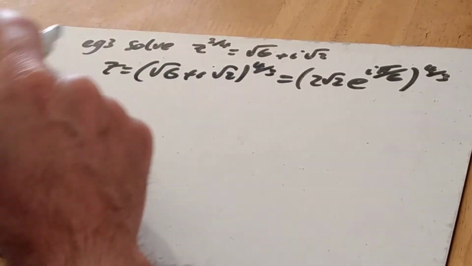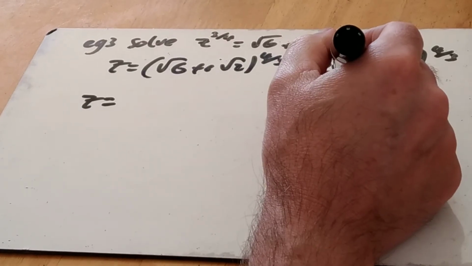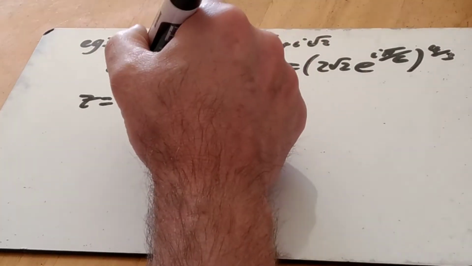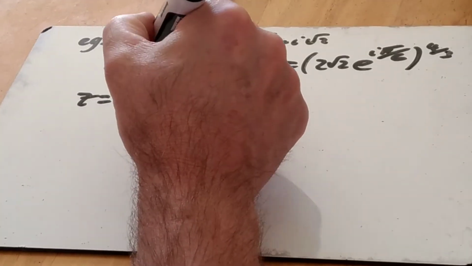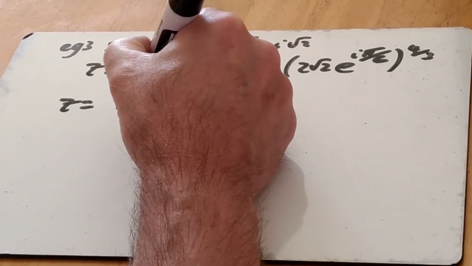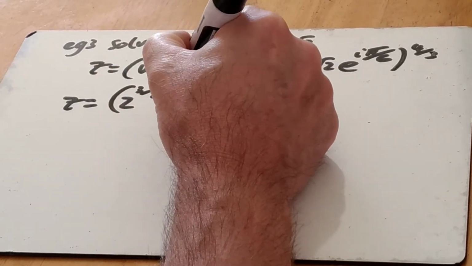So z will equal 2 root 2. Because I've got fractional powers, I'm just going to rewrite that as 2 to the 3 over 2. And I know that's going to be raised to the power 4/3.